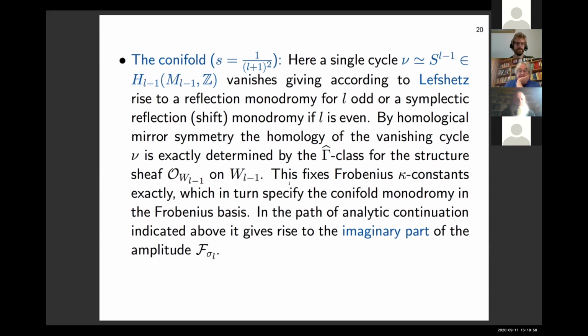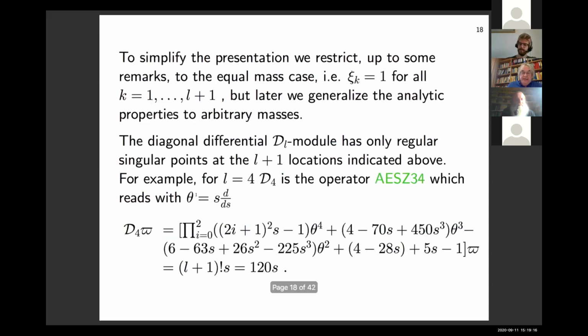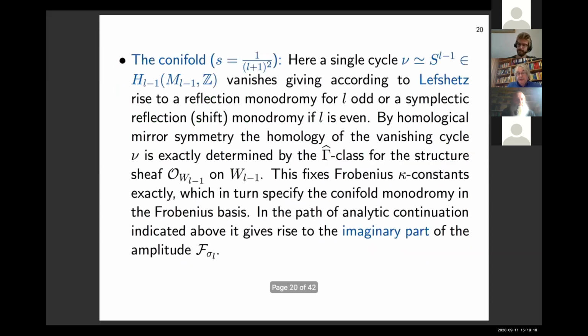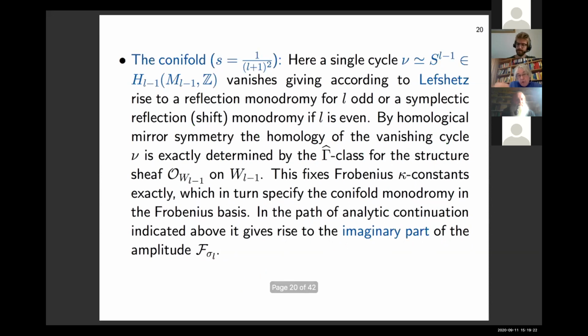And this actually fixes the Frobenius constant exactly, which in turn specifies the conifold monodromy in this Frobenius basis. And in the path of the analytic continuation that we chose here, this conifold cycle will actually be exactly the imaginary part of the Feynman amplitude once you go around this conifold.